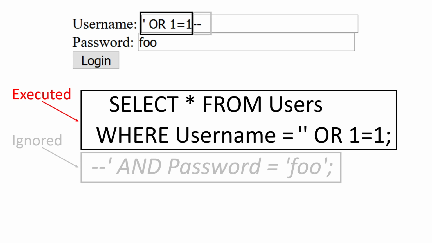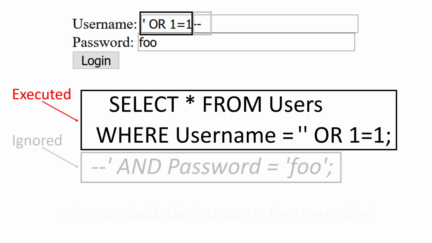What that statement does is it selects all users where the username is either blank or the value of 1 is equal to the value of 1. Well, as we know mathematically, 1 is always equal to 1, so every record in the database would be returned, and the last part would be ignored thanks to our dash dash, so it would not check the password anymore. So in essence, this would return a complete list of users from the database.